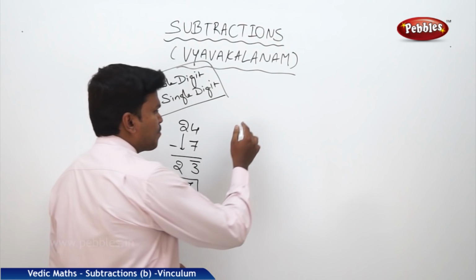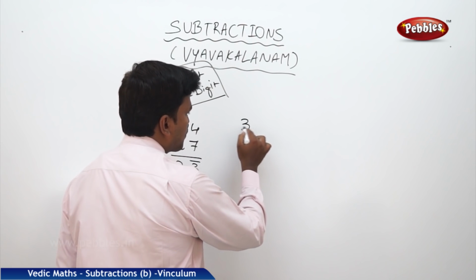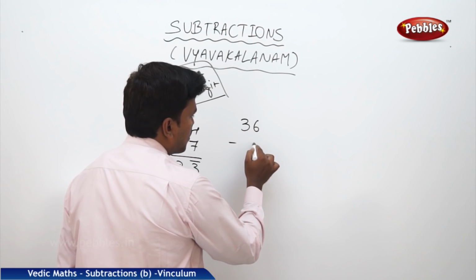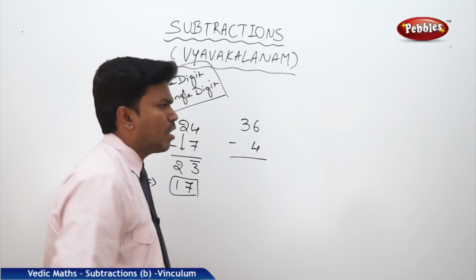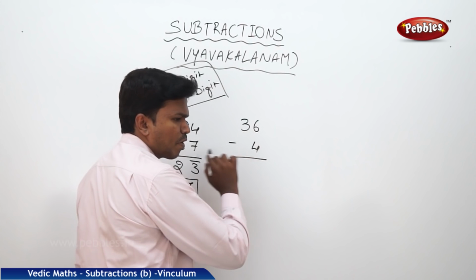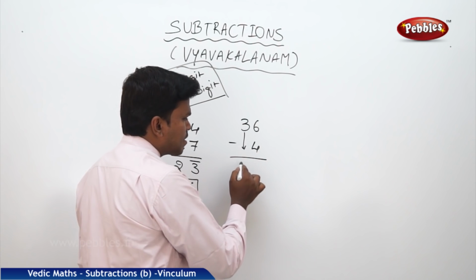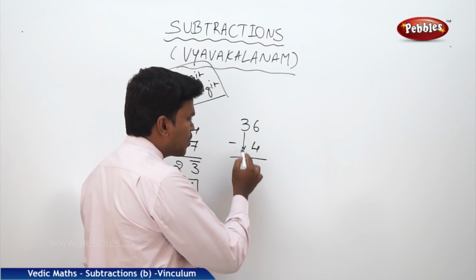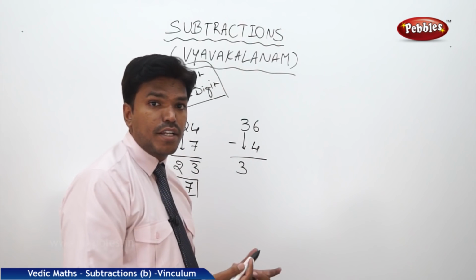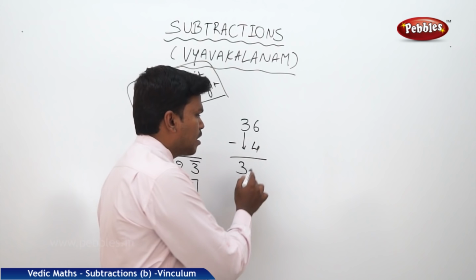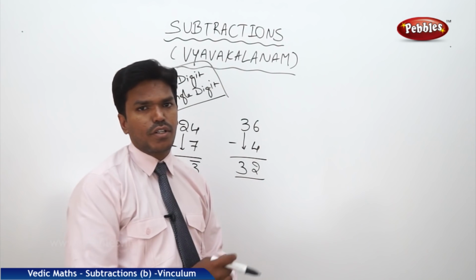Now we'll take one more example. Suppose 36 minus 4. I want to subtract 36 minus 4. In the same way, start from left to right. Drop 3 as it is, since there is no digit below it. Now 6 minus 4. Yes, it is possible, so directly you can write 2. So the answer is 32.